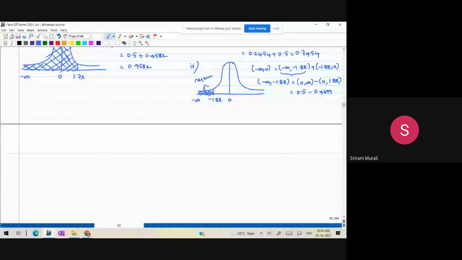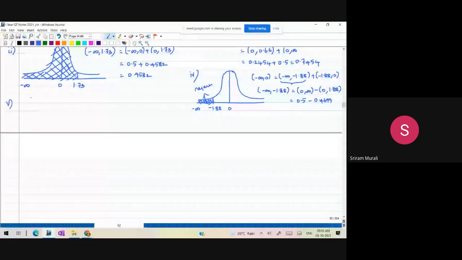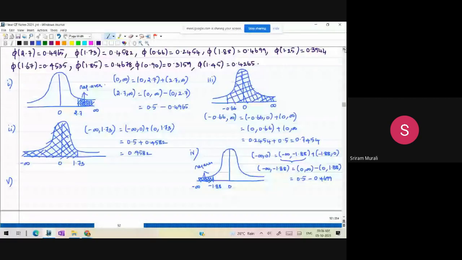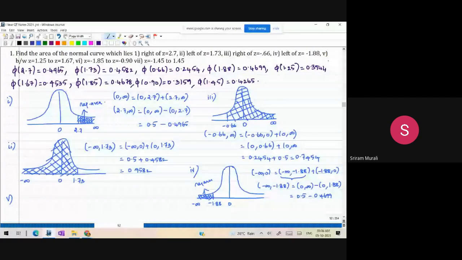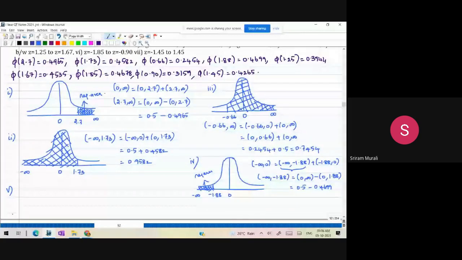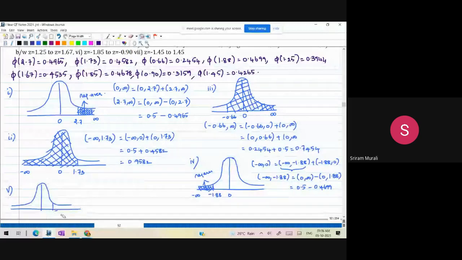Subdivision 5, it is between 1.25 to 1.67.